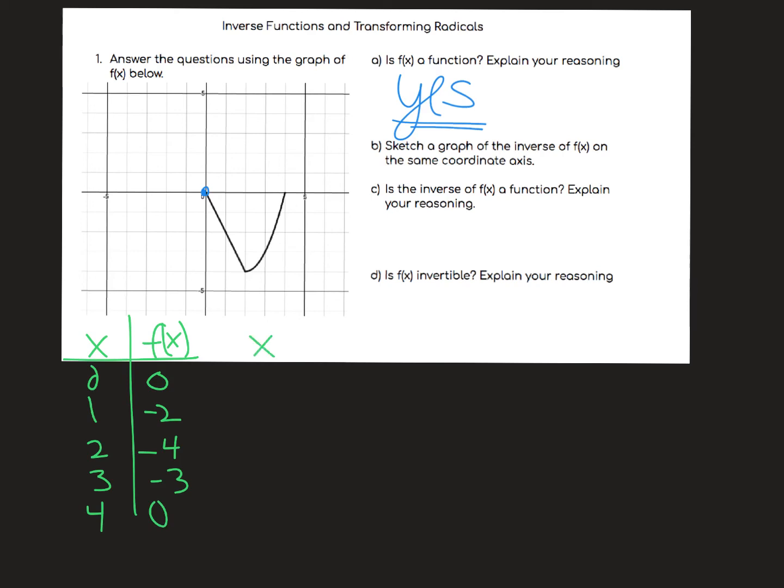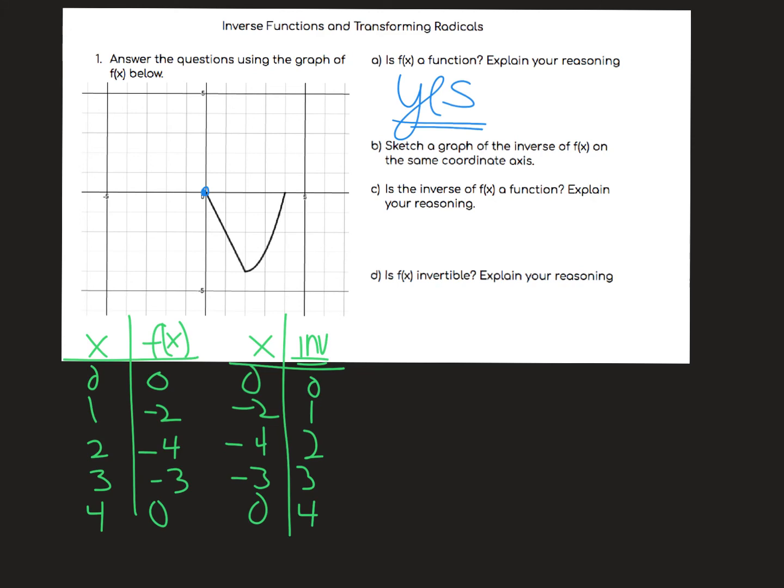So x inverse, I'm just writing inverse because I don't know if it's a function. So flip them. So 0, 0, negative 2, 1, negative 4, 2, negative 3, 3, and 0, 4.